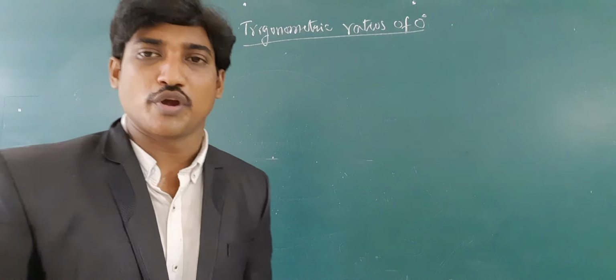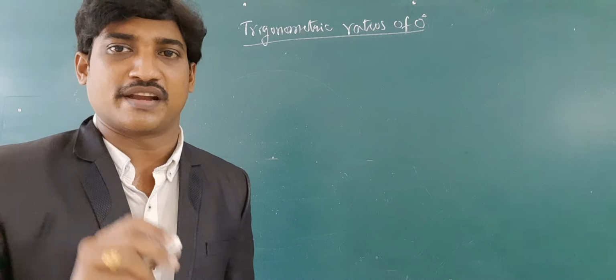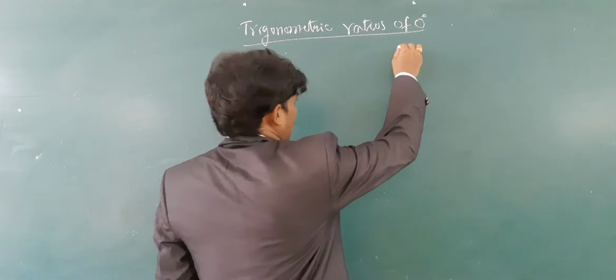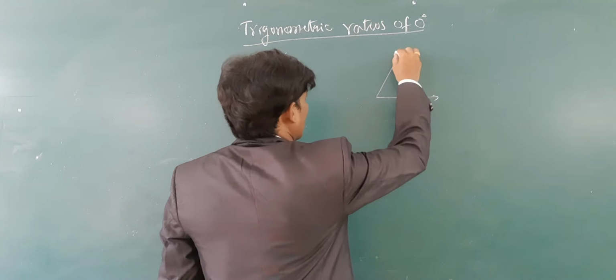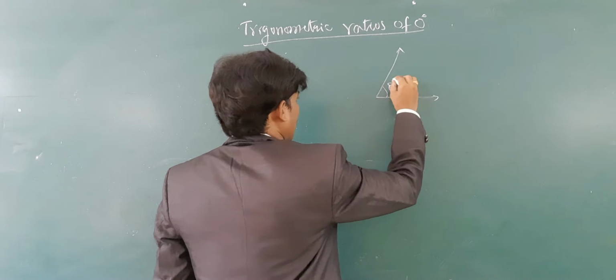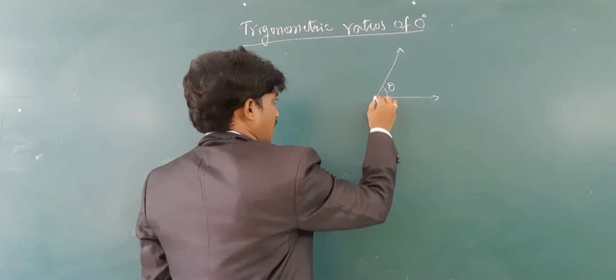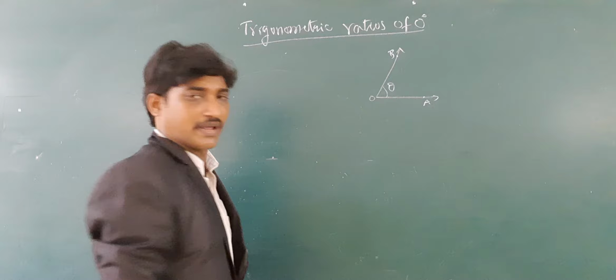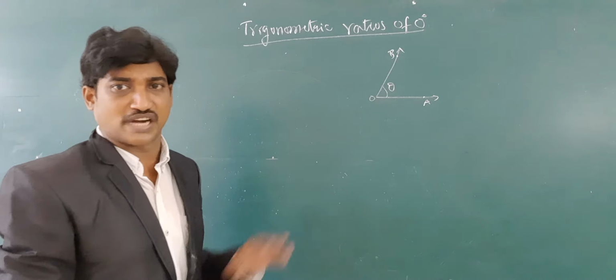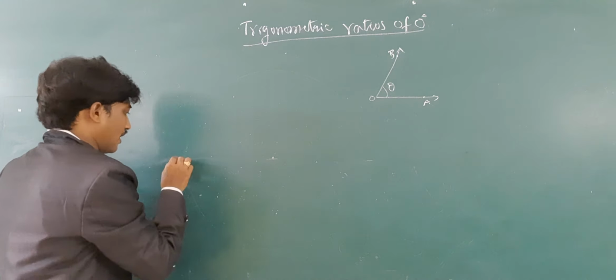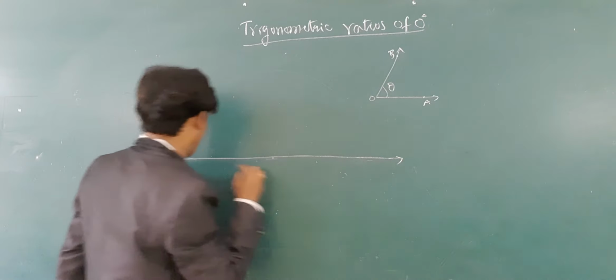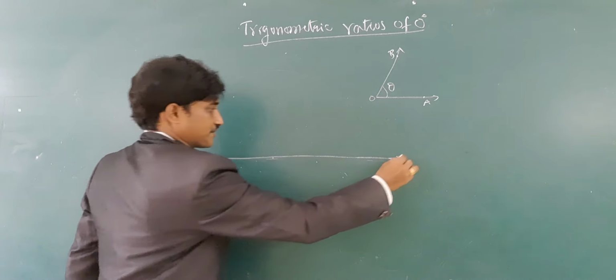Now I am going to take angle theta onto the coordinate axis, for example OAB, and AOB is theta. I am taking this angle in standard position. I am drawing a horizontal reference line. This horizontal reference line is called the x-axis.